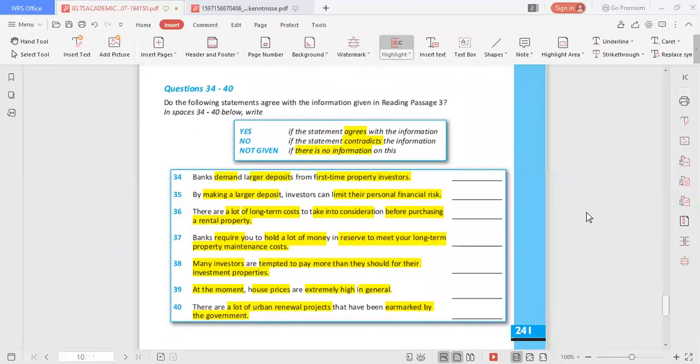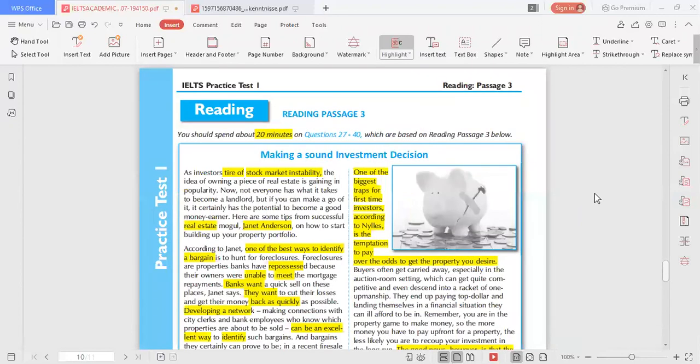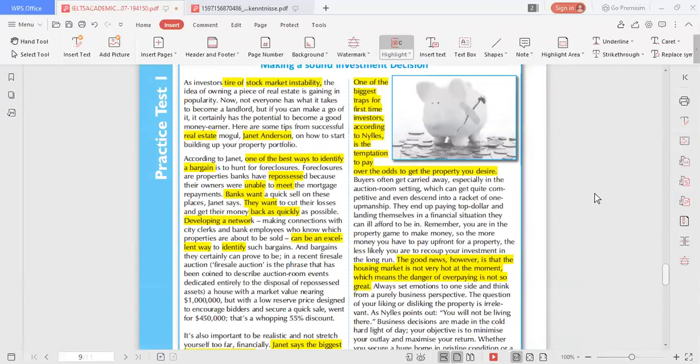So 34, let's take a look at it. Banks demand larger deposit from first-time property investors. So again, highlight your keywords, demand, or you can also add banks to it. Larger deposits, first-time property investors. So you try and locate these keywords as usual in the text.